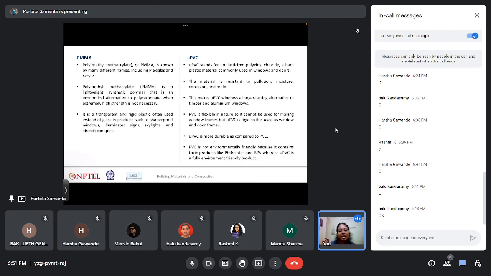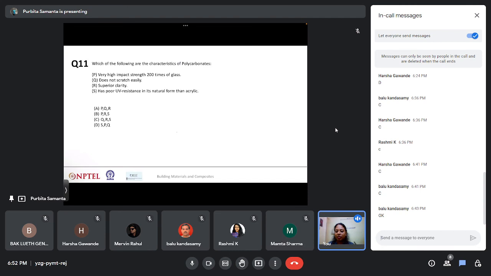These phthalates and BPA are very toxic in nature. However, unplasticized PVC, or UPVC, is more on the environment friendly side. That is why UPVCs are often preferred in comparison to PVCs. Okay, so these are what PVC, UPVC, PMMA, ETFE and PTFE are all about.